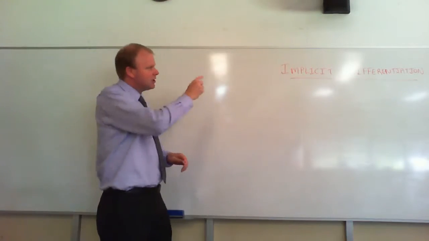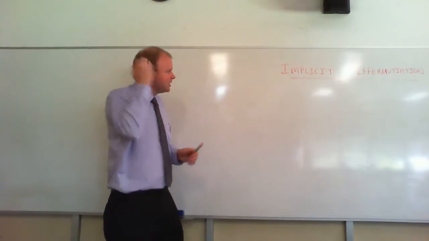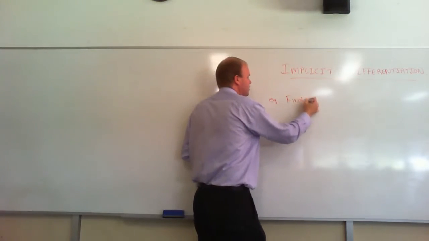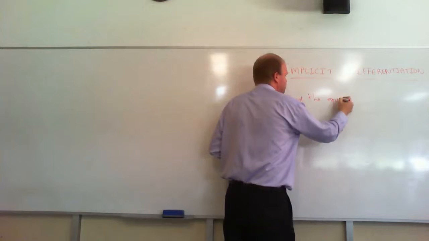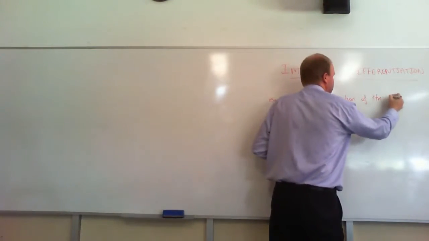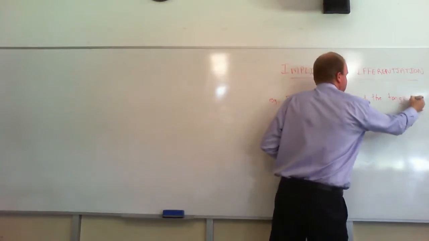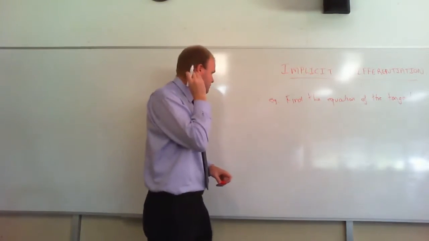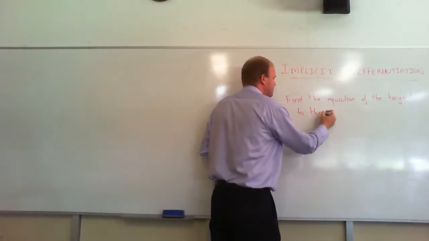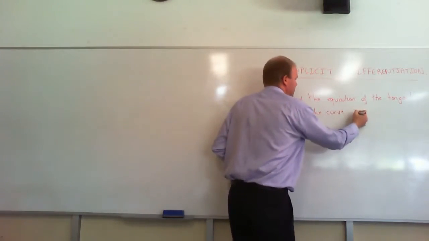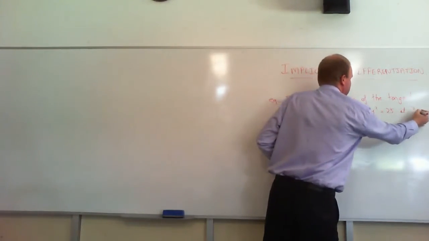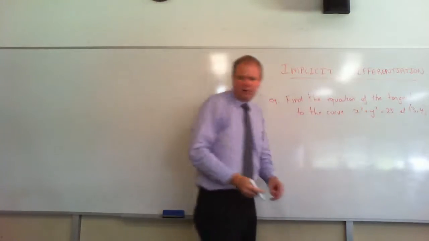So to contextualize why we need some other differentiation method, let me give you an example. Find the equation of the tangent, and we'll just stick with tangent at this point rather than the normal as well. Find the equation of the tangent to the curve x squared plus y squared equals 25 at the point 3, 4.